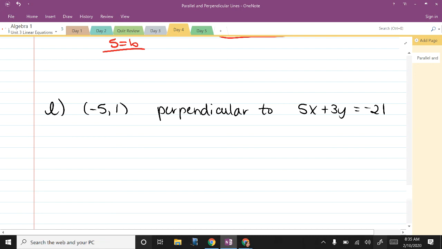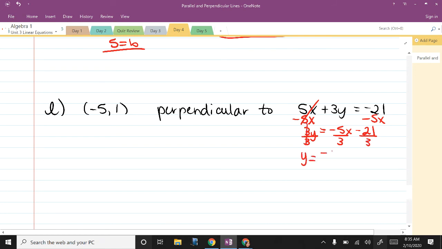All right, so what do I do to get it to look like slope-intercept form? Subtract my 5x, good. It's in standard form, so pretty much the same steps as always. So 3y equals -5x minus 21. Now what? Divide all my terms by 3 and simplify.